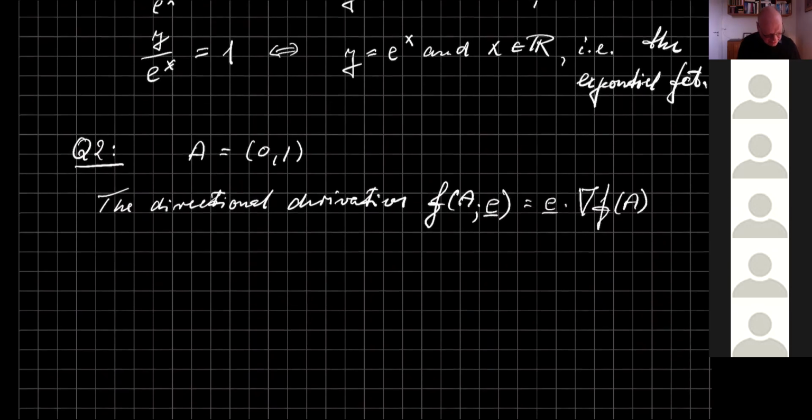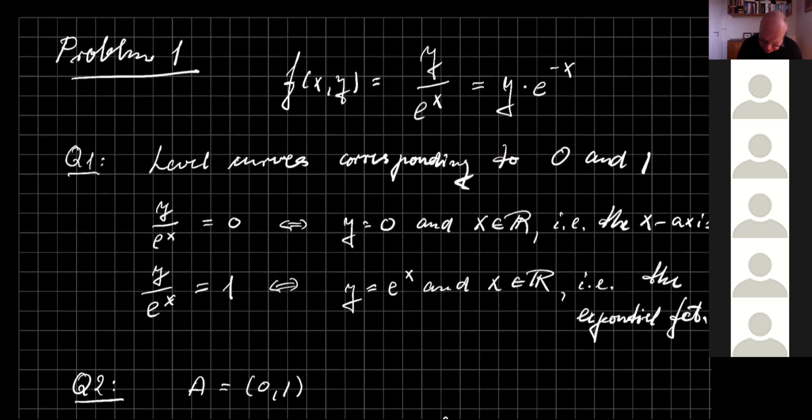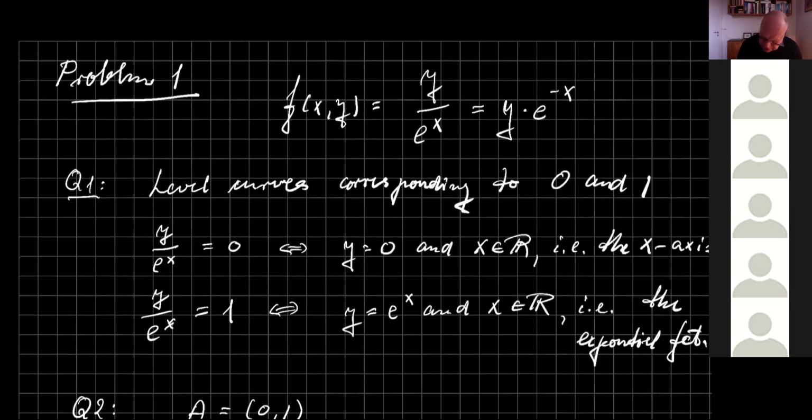So let's start by determining the gradient of f. And to do so, we need to differentiate, first, for the first coordinate in the gradient, with respect to x. And if we look at this, then y is a constant when we differentiate with respect to x.